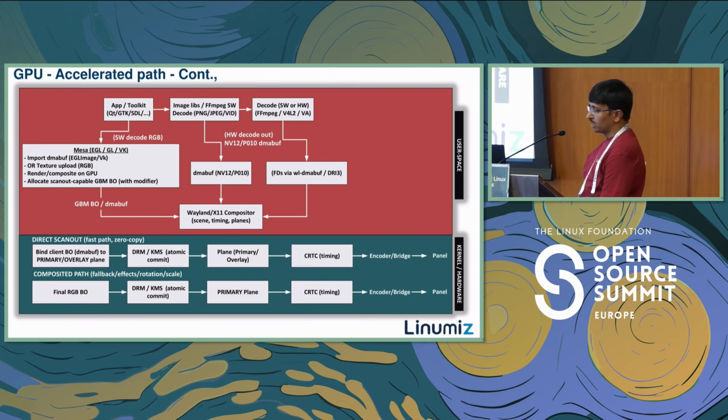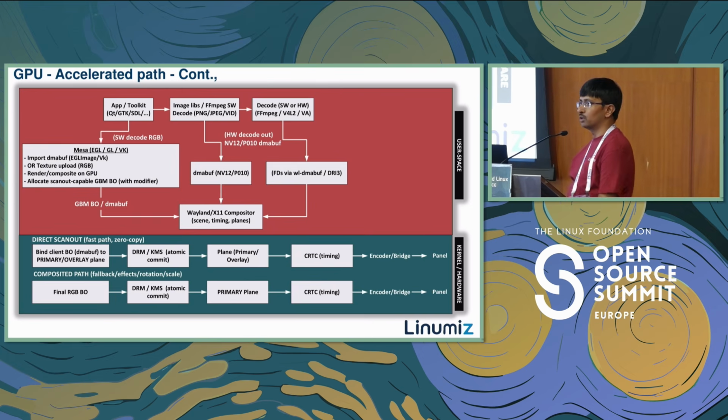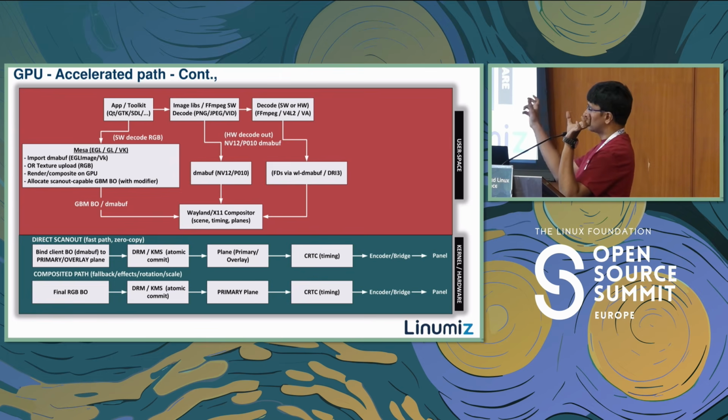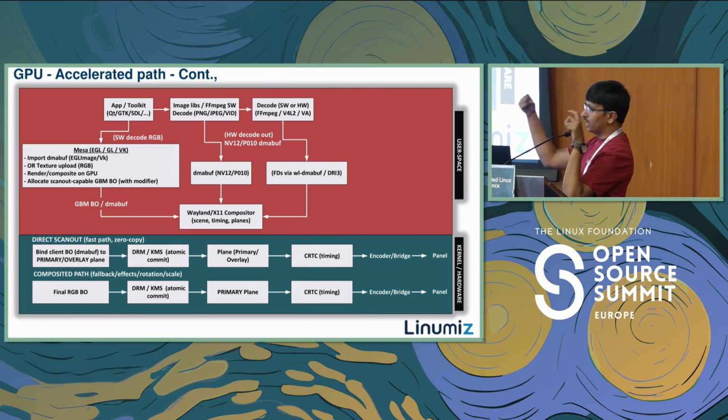Direct scan out is what we usually call it when the display controller has a hardware plane, and the format of the buffer which comes from user space matches exactly the format and the modifier. The compositor can map the plane into the buffer object directly.